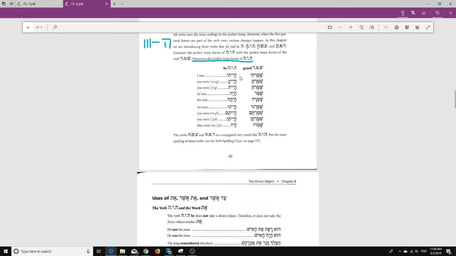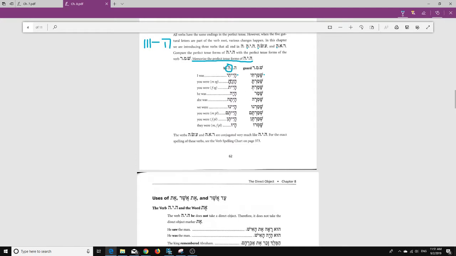So let's go over that really fast. Normally we'll have shamati. With haya we'll have hayiti. Notice this is a hiric yod. This yod is not verbalized. Hayiti. This hey just dropped out. It's gone. Really it dropped out because of this hiric yod, or at least in tandem with that. Next one. Shamarta, hayita.